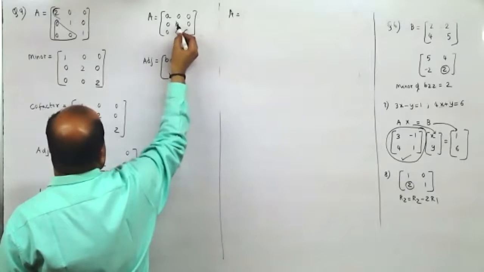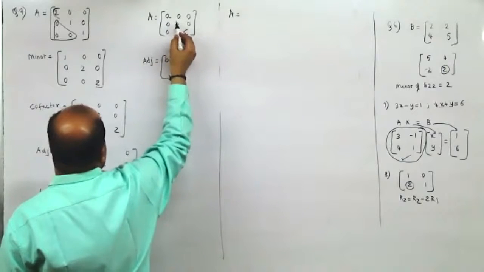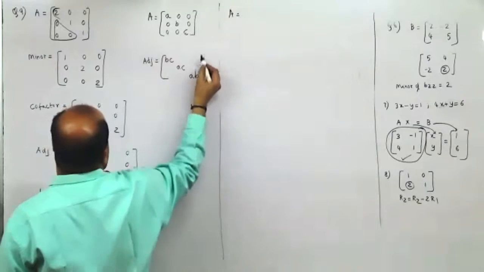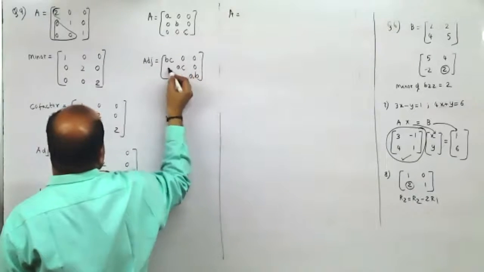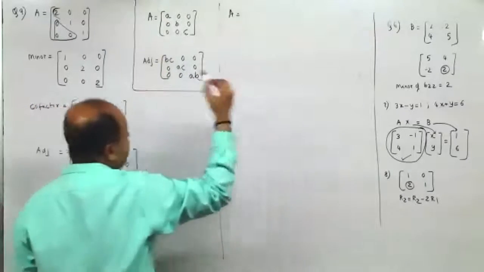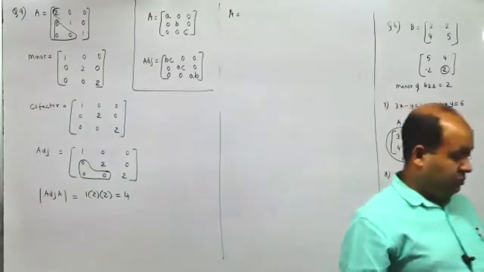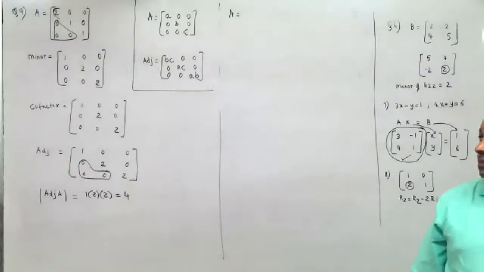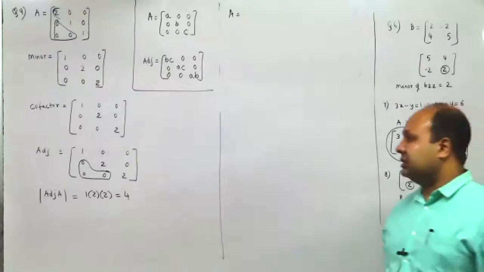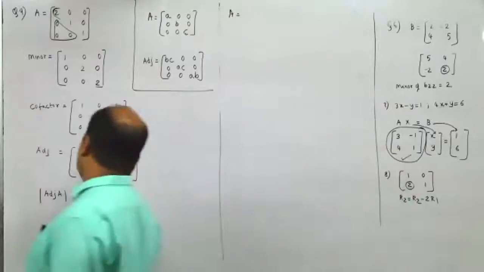Then this would be this into this. And this would be this into this. Remaining all elements are 0. Followed? Remember this. Instead of lower triangular, if the upper triangular matrix is 0, then also the determinant is the product of all the diagonal elements.